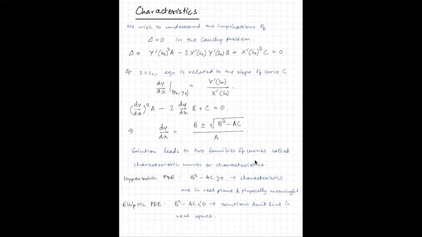And for a parabolic equation, b squared minus ac is equal to 0. And what happens is that there's only one equation for characteristics.